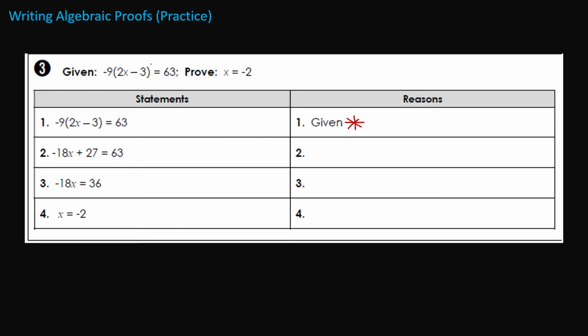That's why the equation was just transplanted right to step 1. Okay? Let's look at the change between step 1 and step 2. So what I'm seeing happening is we distributed the -9 to both terms in the parentheses. -9 times 2x is -18x. -9 times -3 is +27. So the second step showed the distributive property of equality.